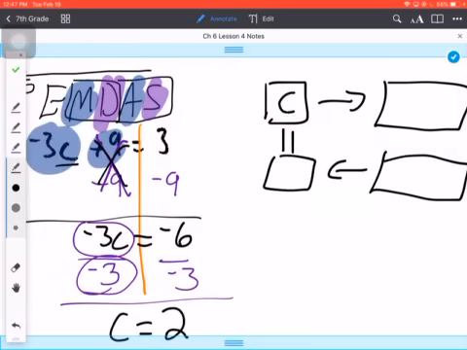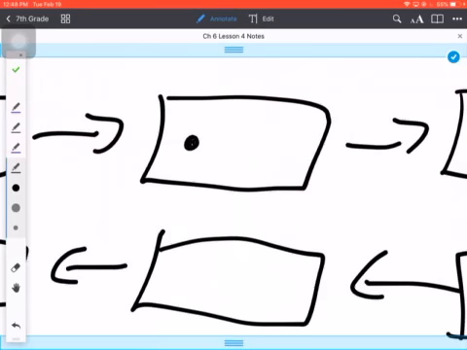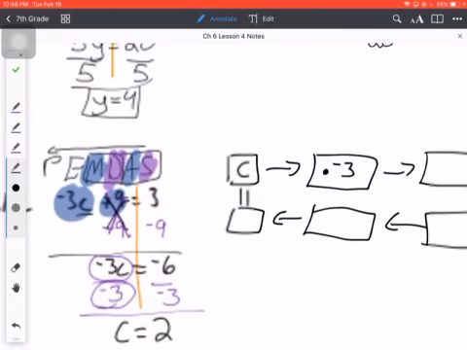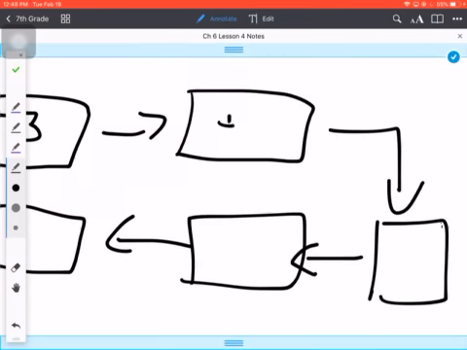So I'm going to put that here. First thing that's being done to it by using the order of operations is multiplying by negative 3. Next thing that's being done is adding 9. And that was equal to 3.